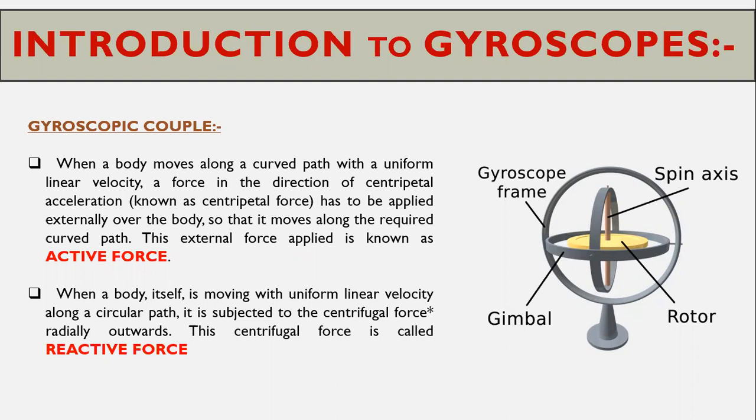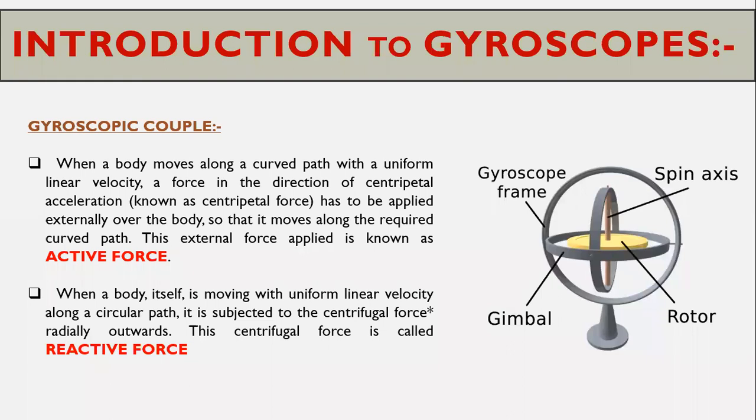We can call it the centripetal force also, and this is applied externally over the body so that it moves along the required curved path. It moves in the x direction as well as the y direction depending upon the axis of spin.